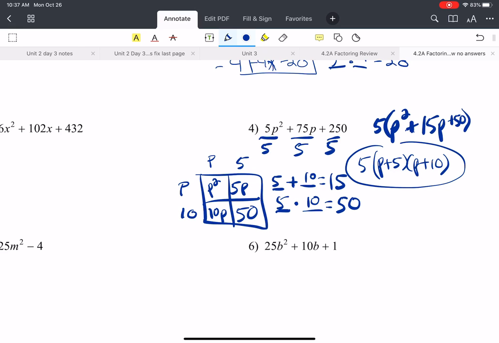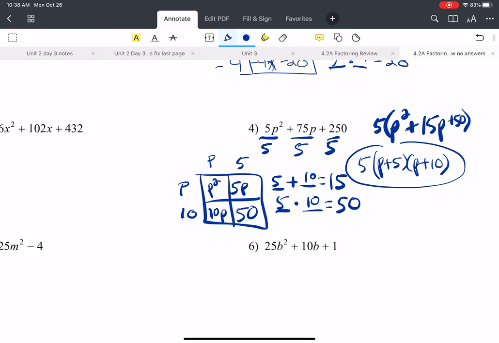Remember back in our very first unit, we learned that the standard form of a quadratic function looks like this, okay? Where I have my highest exponent on the left and my lowest exponent on the right. So the difference when you don't really have to do the box, like on 2 and 4, is because my A is technically like a 1.